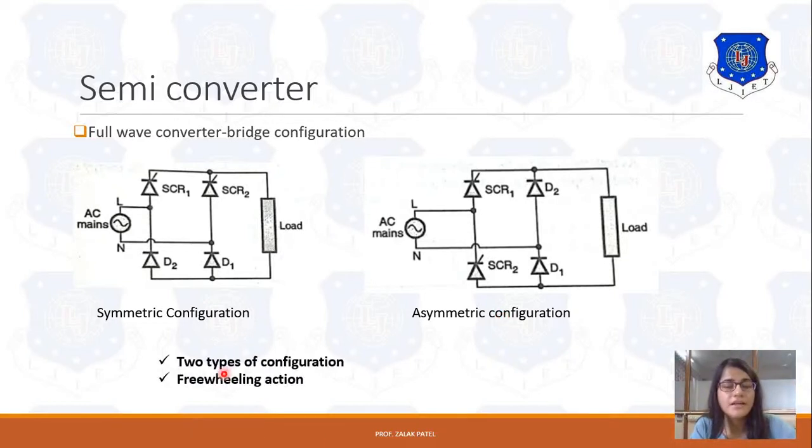Freewheeling action will take place only when the load connected with the circuit is inductive. We already discussed the freewheeling power diode in chapter number 1. Due to freewheeling action, the power diode has a very short switching time. What is the meaning of very short switching time?